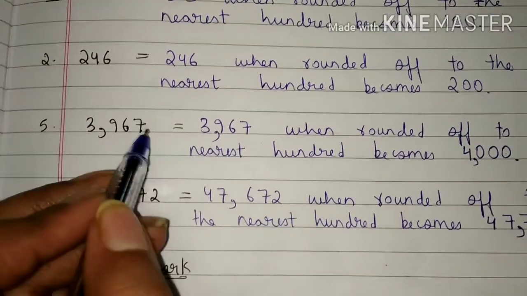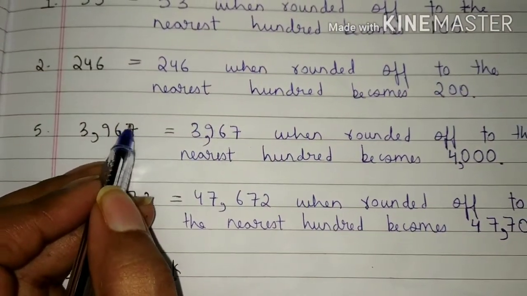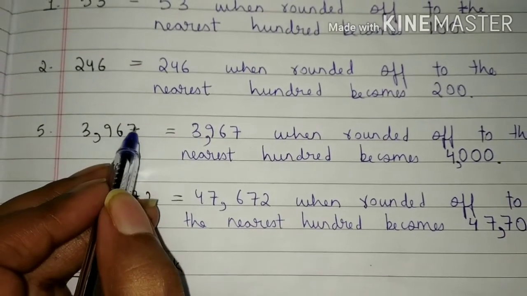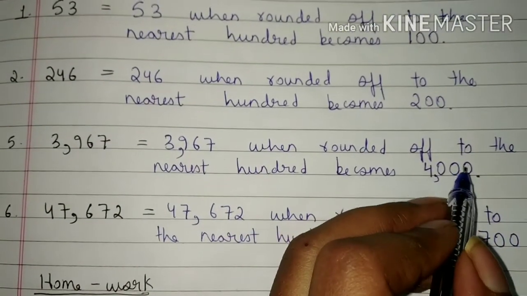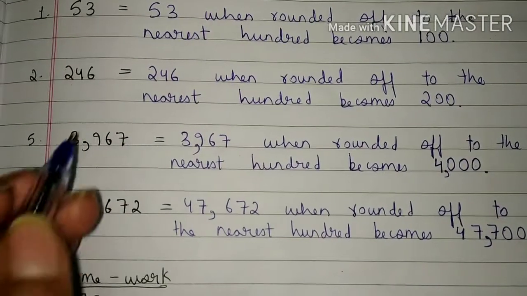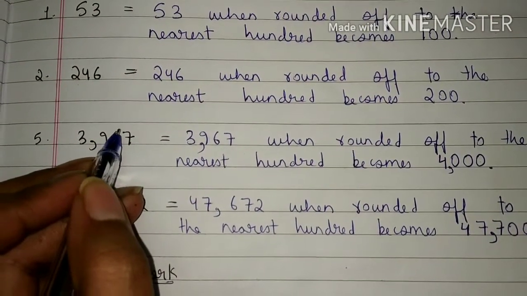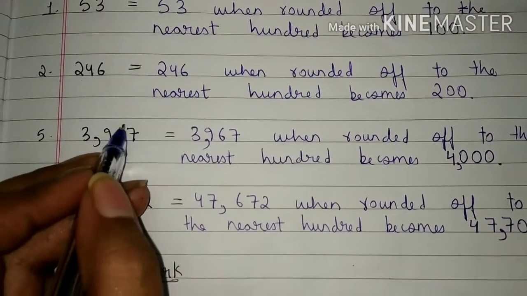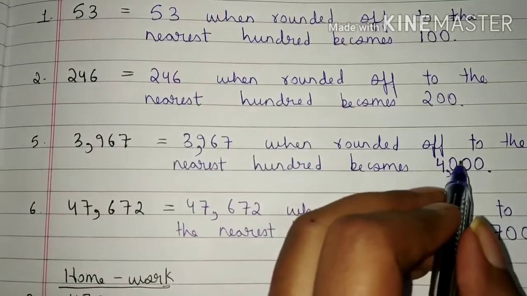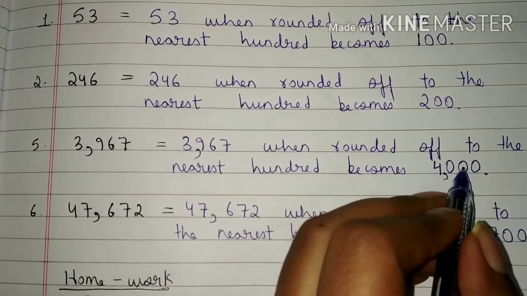Students, here in the ones place digit is 7, but you will not write 7 in the ones place. You will write 0 in the ones place. Here in the tens place digit is 6, but you will not write 6 in the tens place. You will write 0 in the tens place.